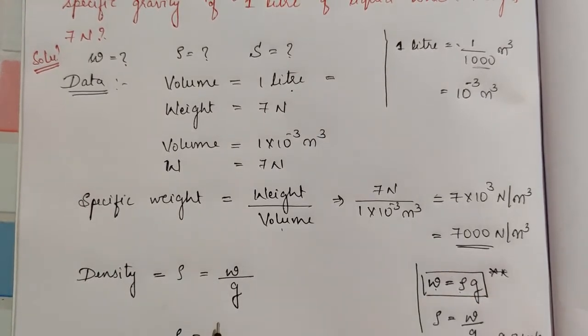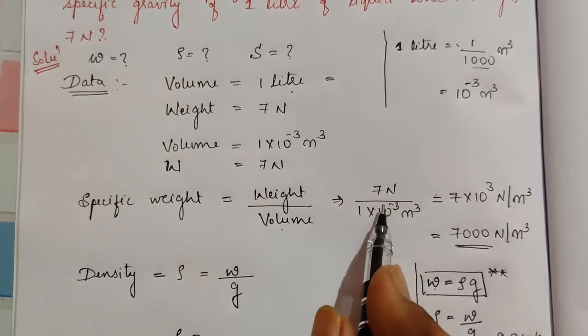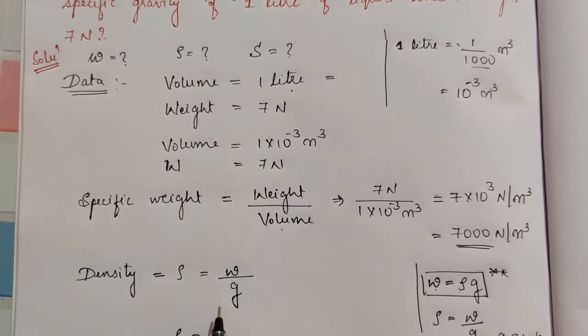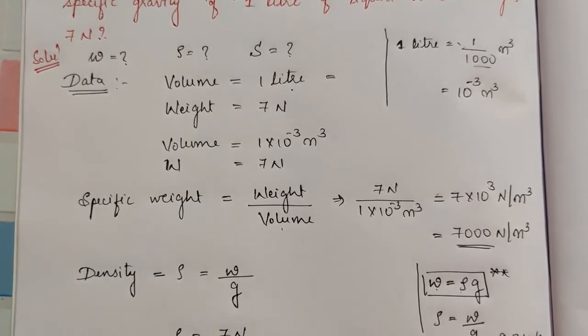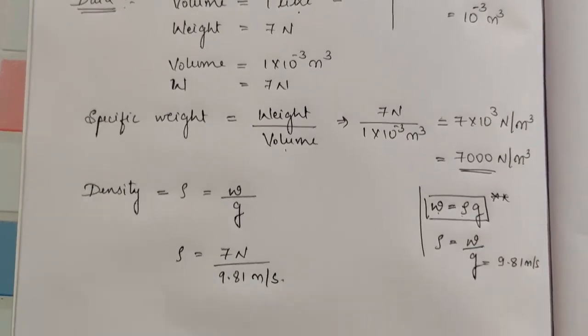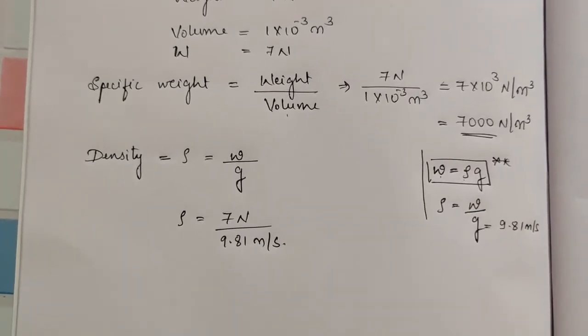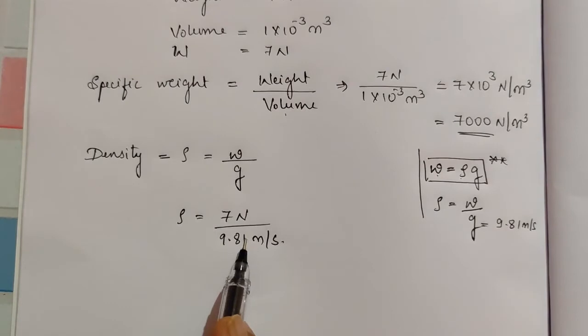So now density: weight is 7 Newton. Before converting, I'll write down 7 Newton divided by 9.81 meter per second squared.